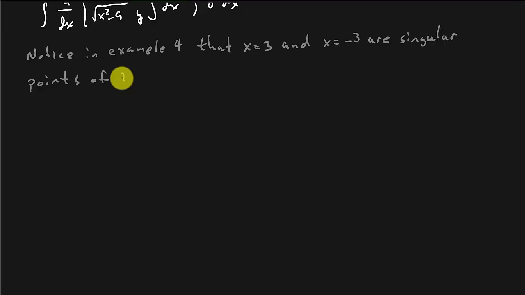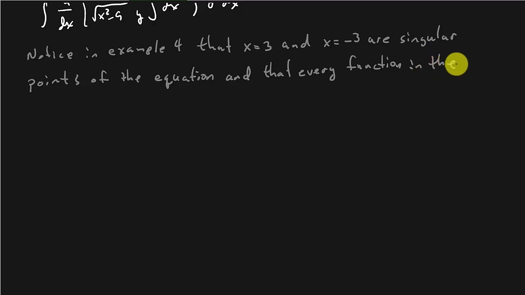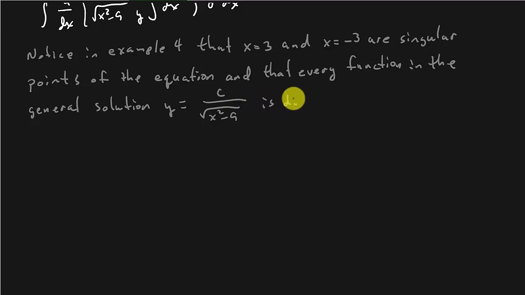Of the equation, and that every function in the general solution y equals c over the square root of x squared minus 9 is discontinuous at the points.